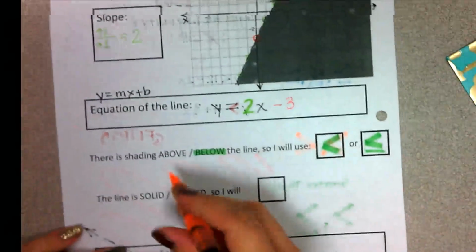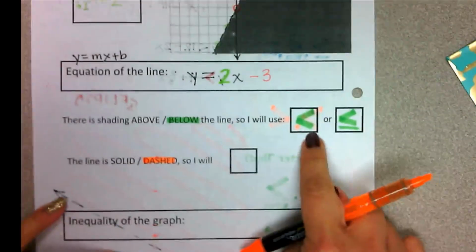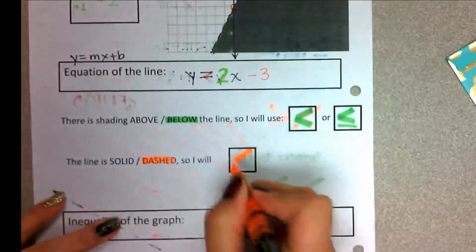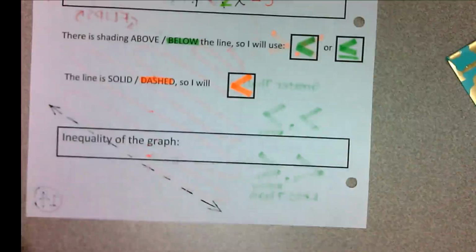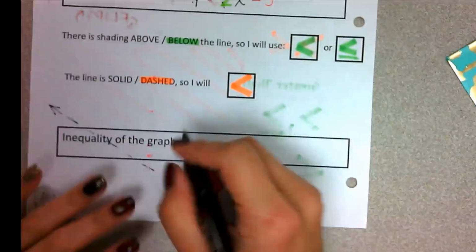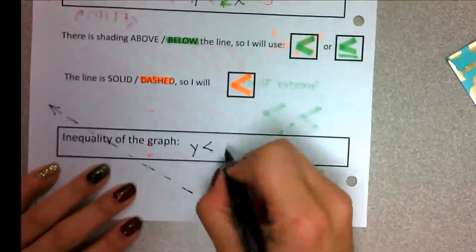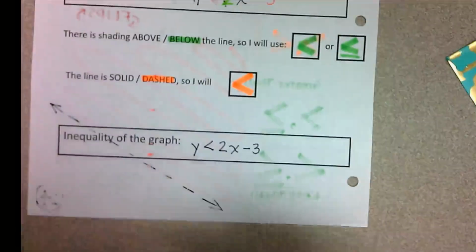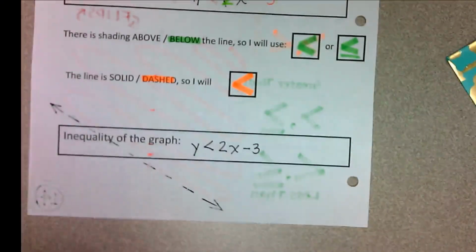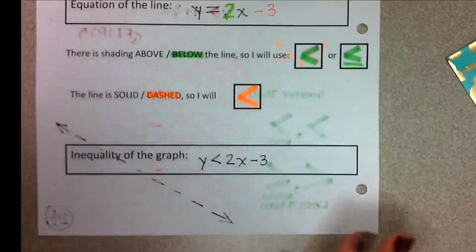A dashed line. Because it's dashed, I would have to choose the less than symbol. So putting that all together, my inequality would actually be y is less than 2x minus 3.